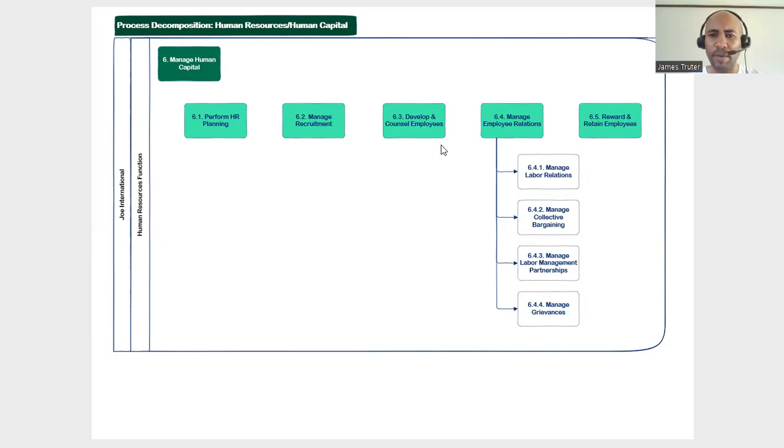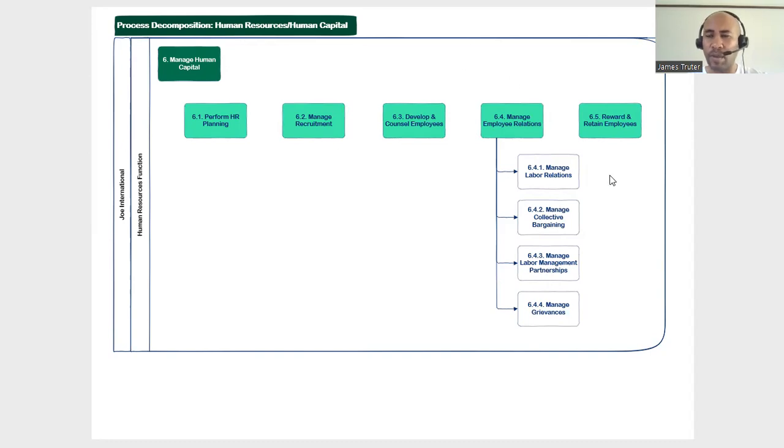Then they will also tell you they have a development process where they develop and counsel employees, and they will break down for you what is meant by that. They will also have employee relations, or it could even be an outsourced function, but these things will emerge in these discussions that you will have. So under employee relations, they will say we manage labor relations, collective bargaining, etc. And so the list goes on.